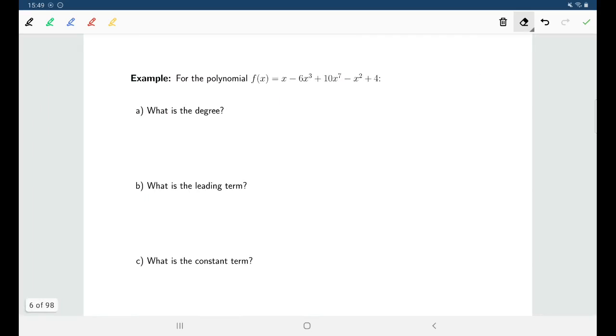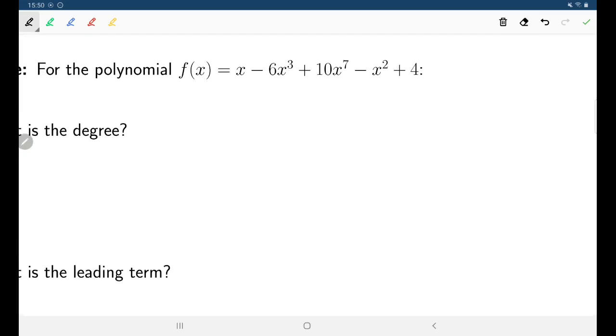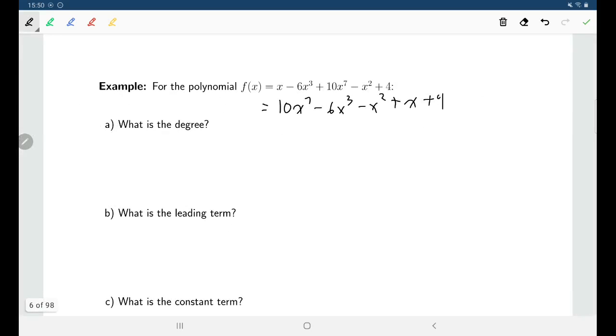So for this polynomial that I have, f of x, it's not written in standard form, and so I might want to do that first. I might want to start off by rewriting f of x as 10x to the 7 minus 6x cubed minus x squared plus x plus 4. There we go. So again, the degree for this polynomial would be the highest power of x.